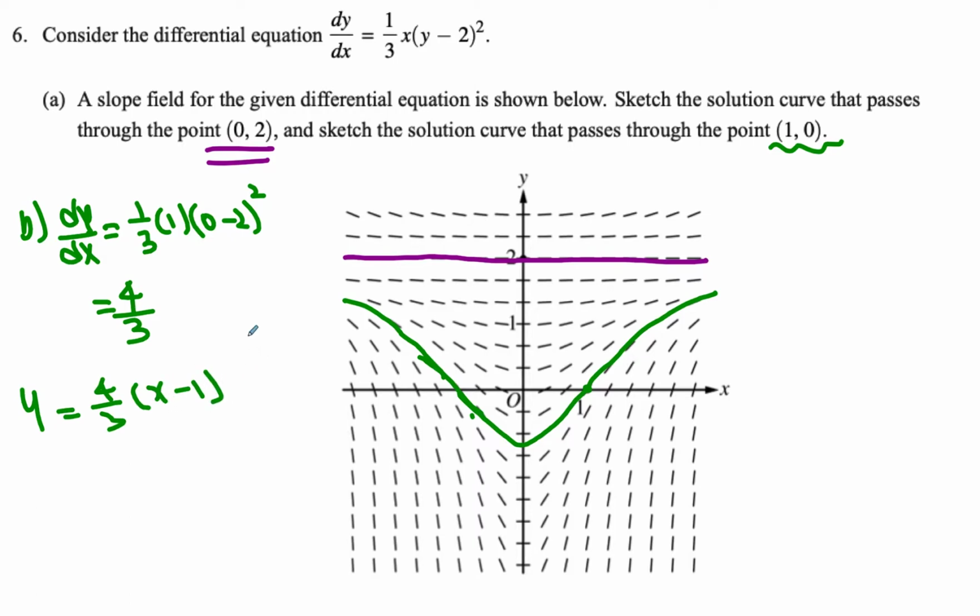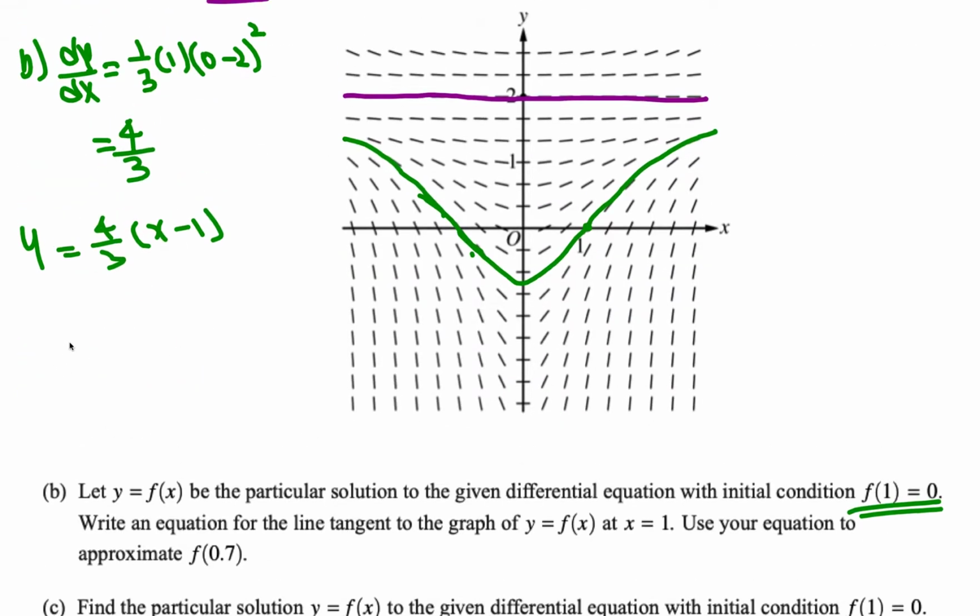That's the equation we end up getting, but we will use it to approximate f of 0.7. So f of 0.7 should be around 4/3 times (0.7 minus 1). Then this becomes 0.3, and the 3 cancels out, so my final answer becomes 0.4.